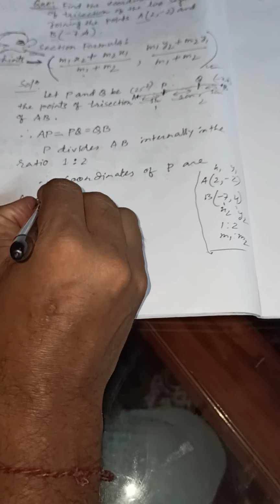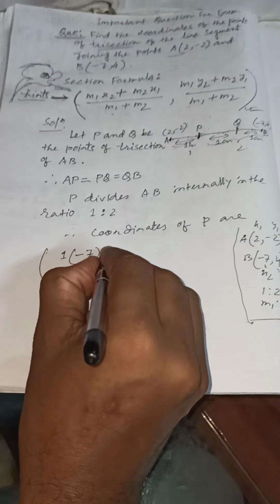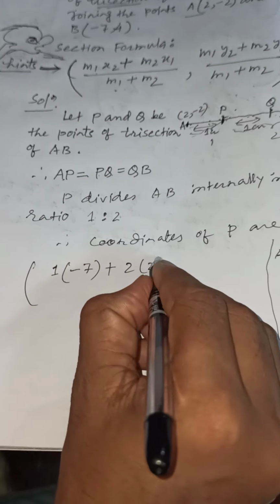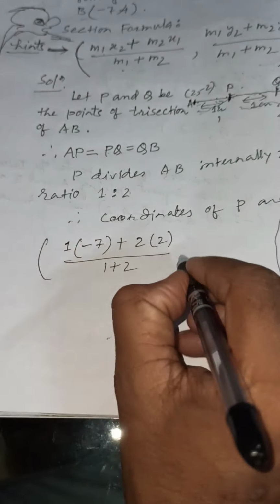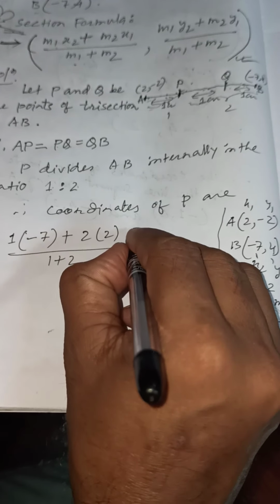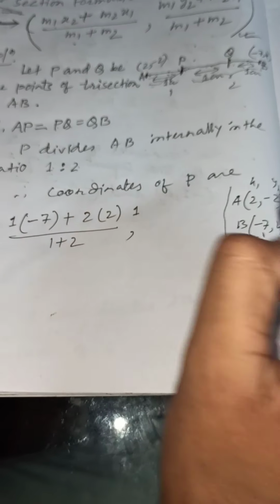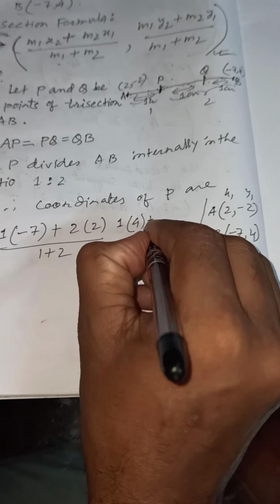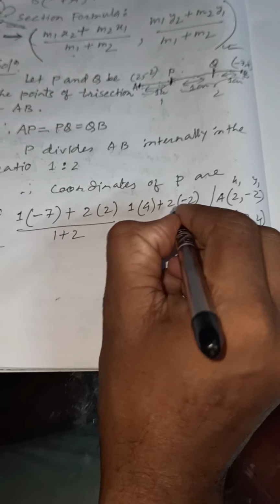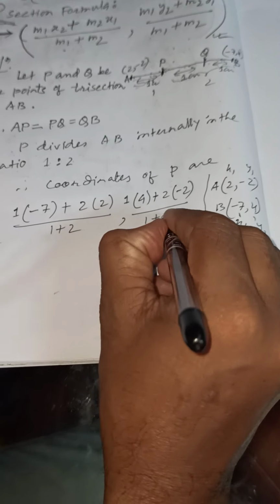Now put the values: (-7 + 2 into 2) whole divided by (m1 + m2, that is 1 + 2), comma, (1 into 4 + 2 into -2) divided by (1 + 2).